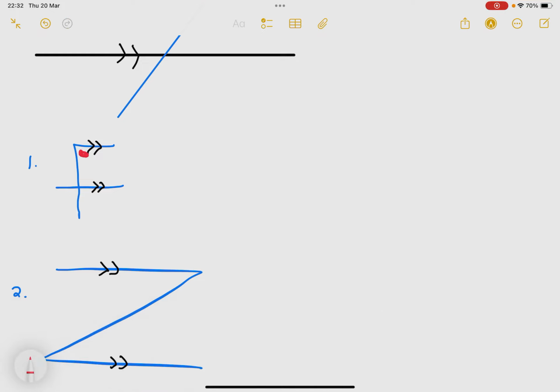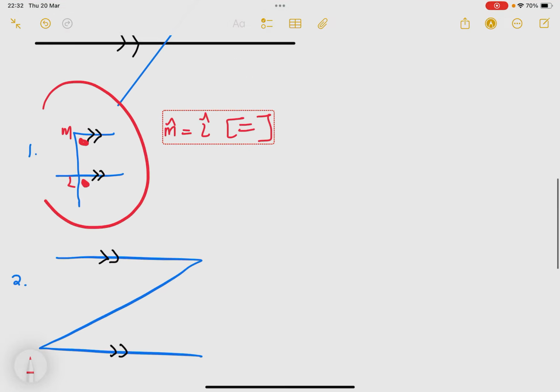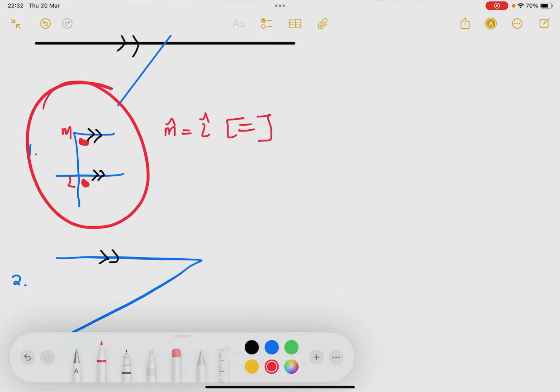This angle is going to equal this angle. Let's call these angles M and L. So the angle M equals the angle L. I'm going to tell you the reason when we start learning about them. For F, these are the angles you need to focus on.